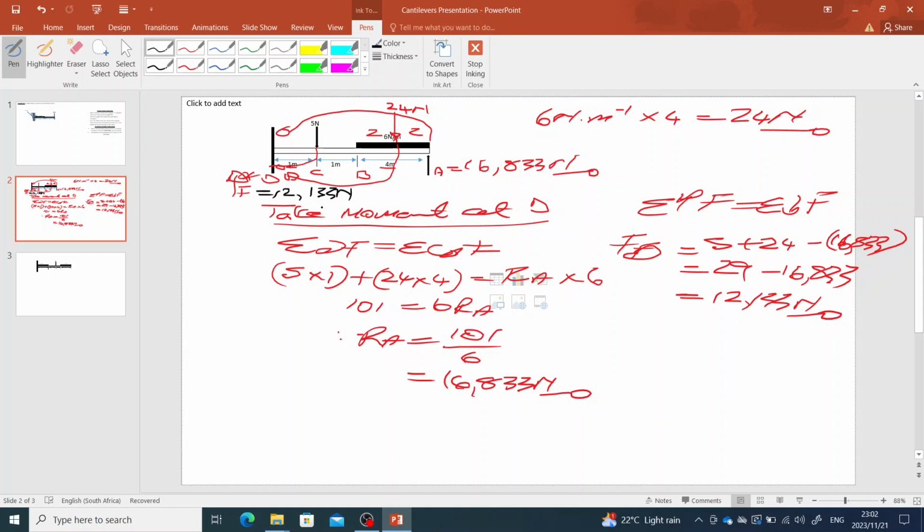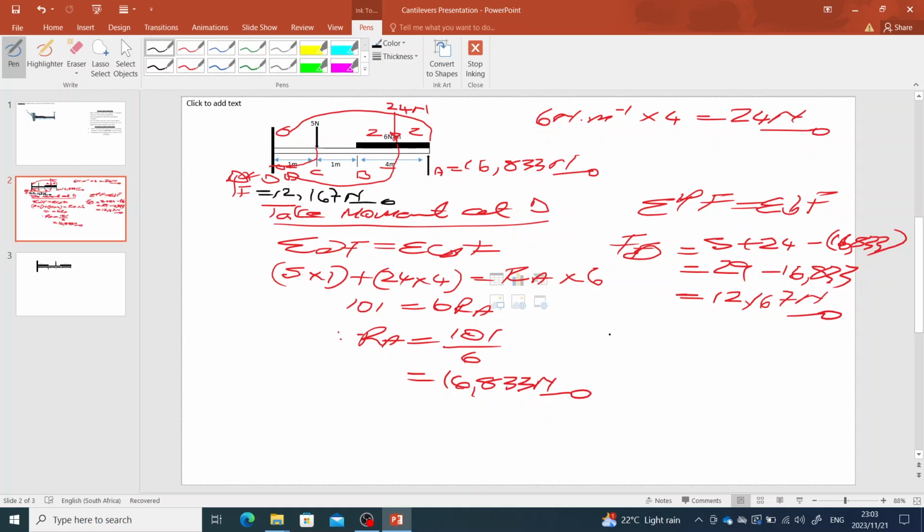It's 29 minus 16.833. The answer here is supposed to be 12.167 Newton. I don't know where I was taking 133. It is 167 Newton.